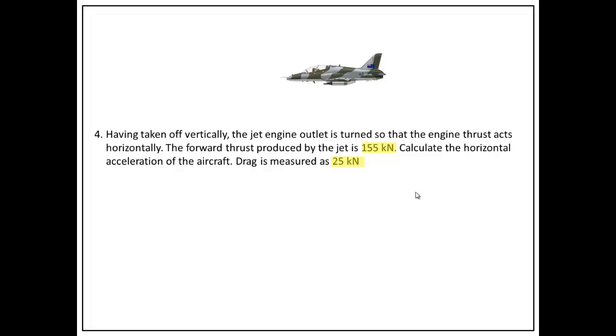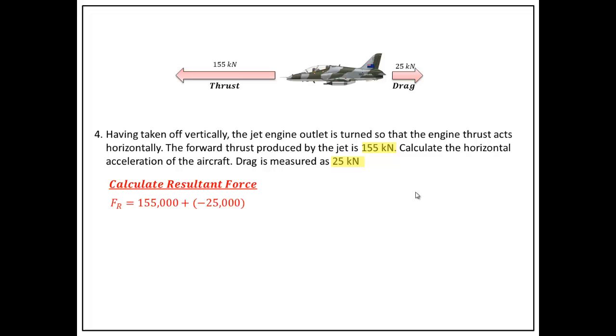We have a situation where two forces are acting in opposite directions. Thrust is a forward force, and drag acts against the motion, and is therefore in the opposite direction. We must calculate the resultant of these two forces, as this will be causing the acceleration. This can be found by adding the vectors together. Forces require a direction.